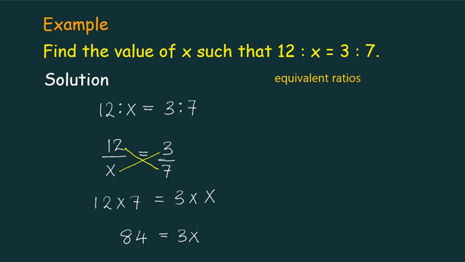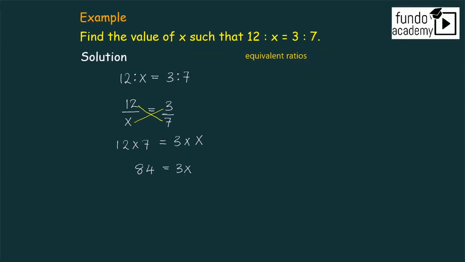So at this stage, I can divide both sides by 3 so that I can get the value of x being equal to 28. Our solution there, the value of x is 28. So these are equivalent ratios and you must know how to deal with this. We use cross multiplication. You should always remember that.